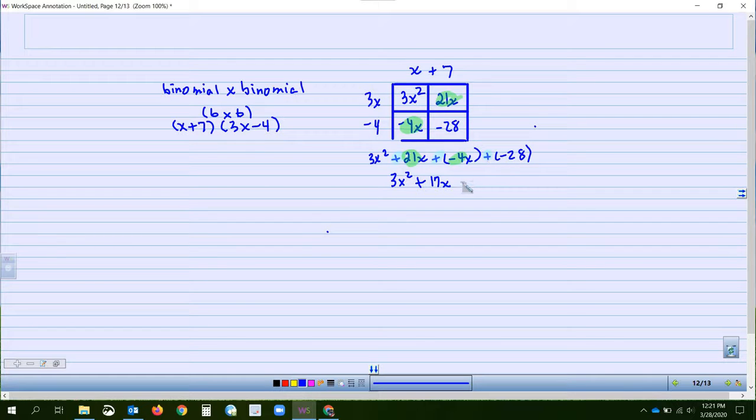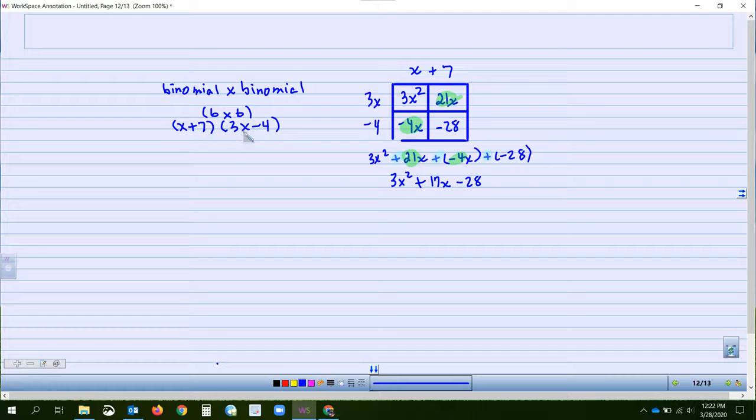But remember, adding a negative, we switch it back when we're done to subtracting. I know some of you are thinking that was really silly, Mr. Reeves. You made it plus a minus just to change it back to minus a plus. I get it. I do. So x plus 7 times 3x minus 4 is equal to 3x squared plus 17x minus 28.